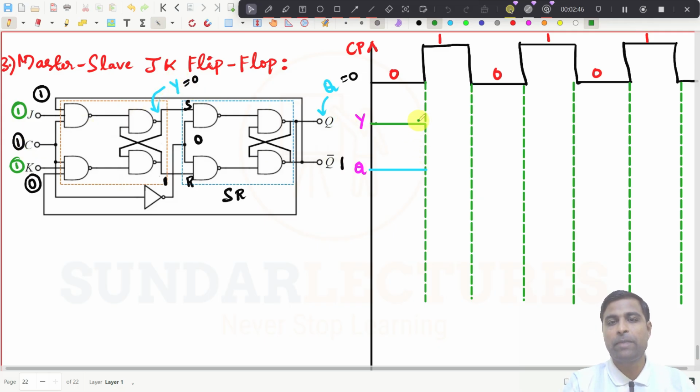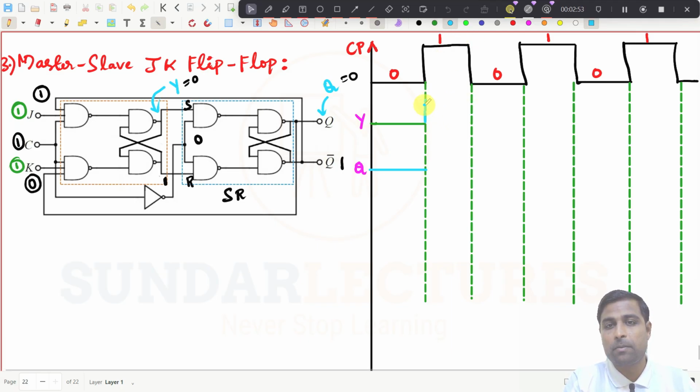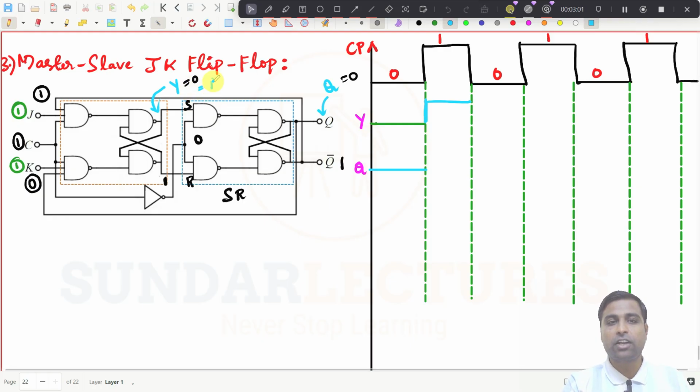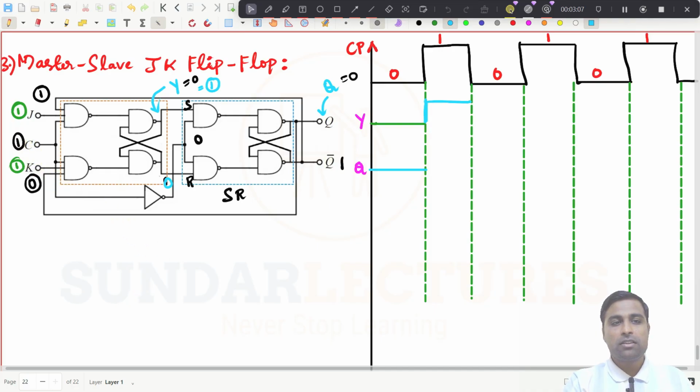So straight away I will get a 1 here. Can you understand? This is 1, right? So this is converted to 1, and obviously this will change to 0. And since this is 1, this one will go 0 here.